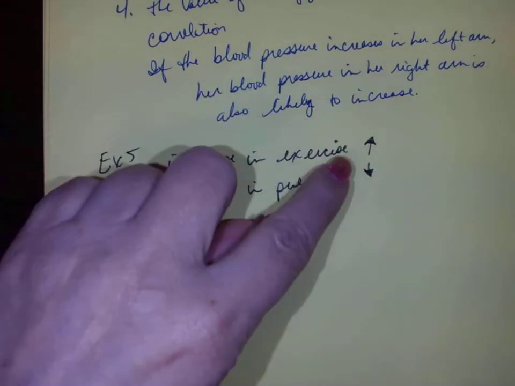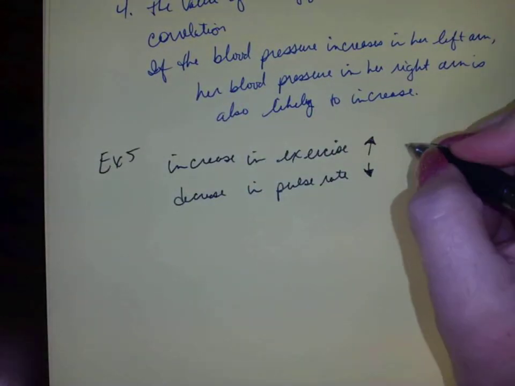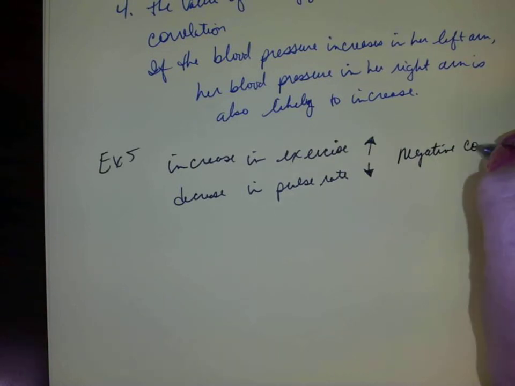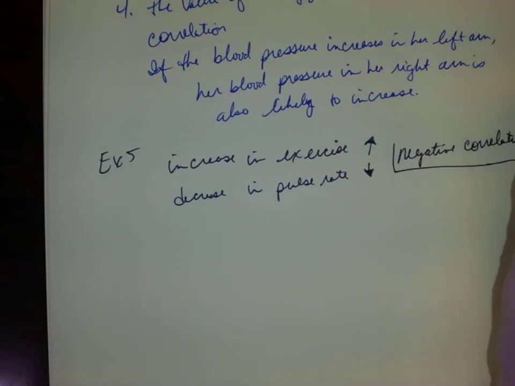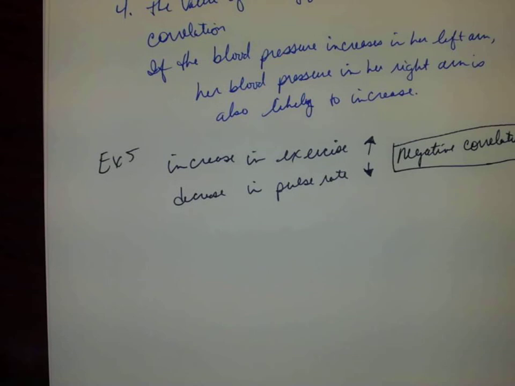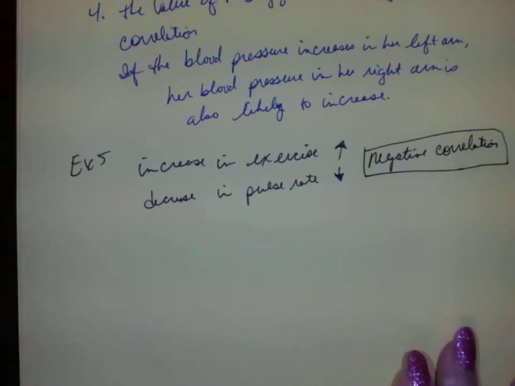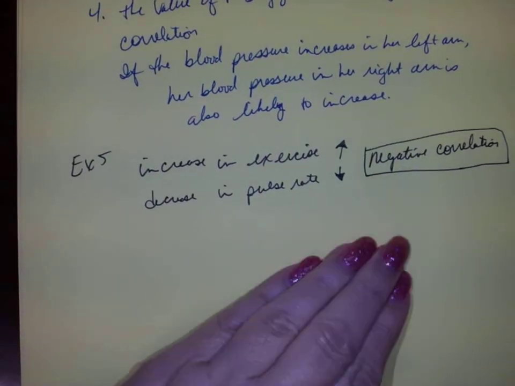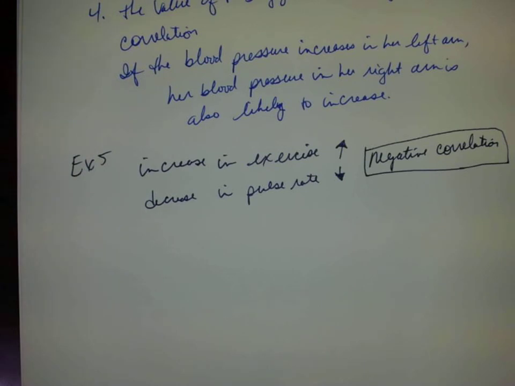If one goes up and one goes down, this is a negative correlation, right? It is not a positive one. It is a positive result that you can lower your resting rate, but it is not a positive correlation. It's a negative one because one's going up and one's going down. Okay, so hopefully that helps bring it to mind a little bit more.